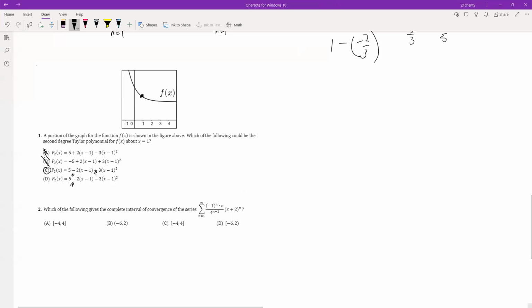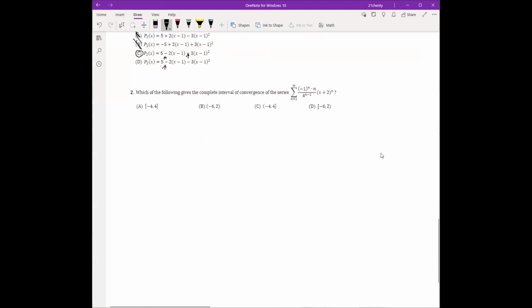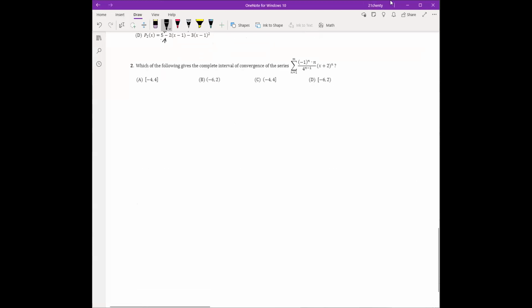That is quite annoying, I must say. So first of all, we notice that x plus 2 is in the parentheses, so the center of this is negative 2. So we can eliminate these because the center is not negative 2.